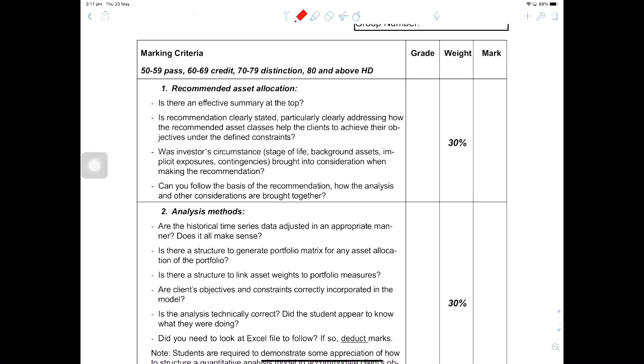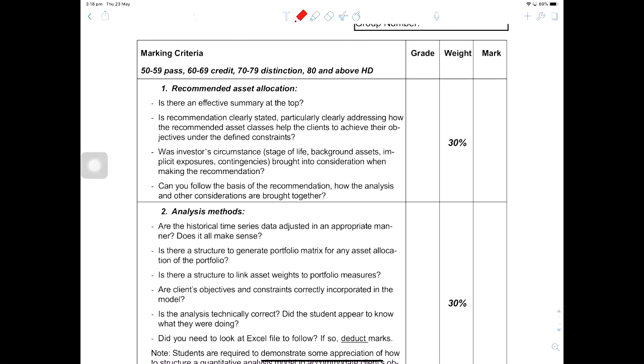There are other aspects of the investor's circumstances not quantifiable or not able to be captured by any quantitative risk measures at all. So you have to include your discussion there. And next was investor's circumstance: stage of life, background assets, implicit exposure, contingencies brought into consideration when making the recommendation.